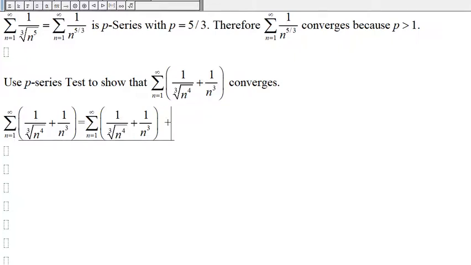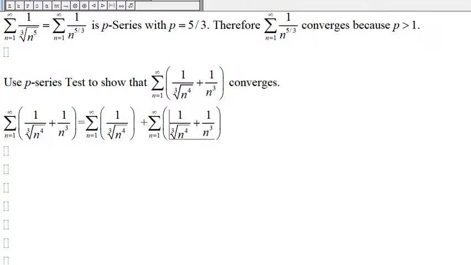Then we can rewrite it like this. Summation of a sum is the sum of two summations.